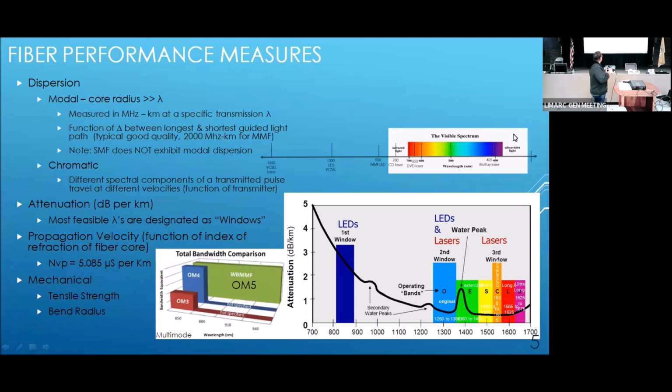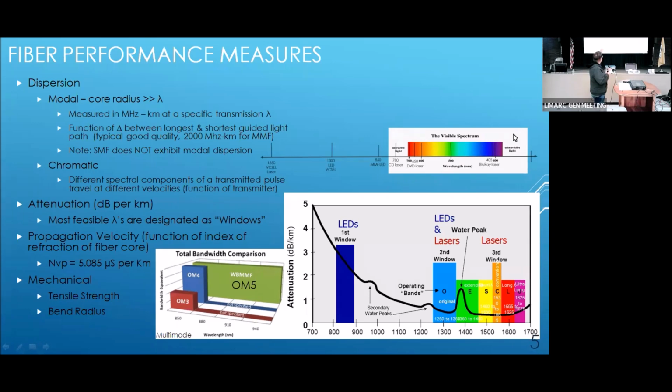All right, so we have modal dispersion, which is paths. There are different paths going through the fiber. On multi-mode fiber, our pulse distortion is measured in what we call megahertz kilometers. How many megahertz can you get per kilometer going through this thing at a specific transmission wavelength?